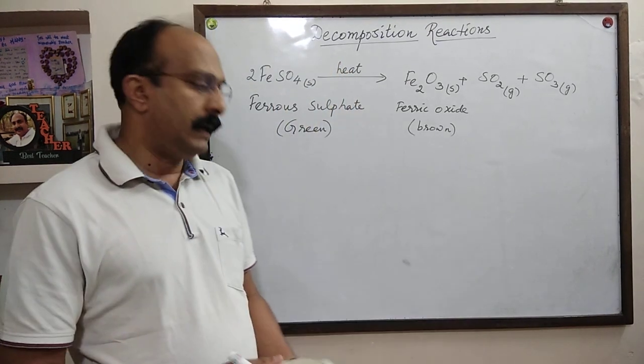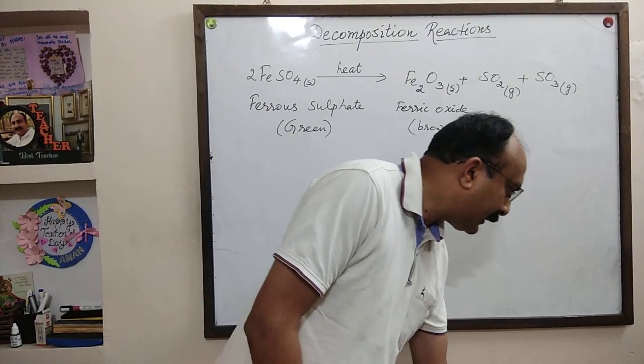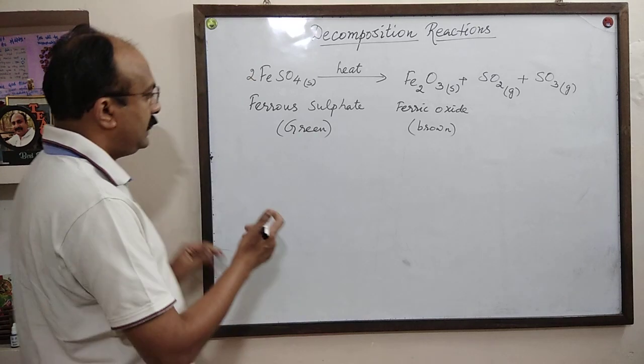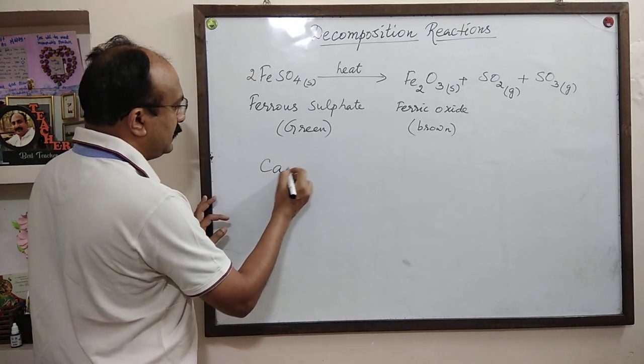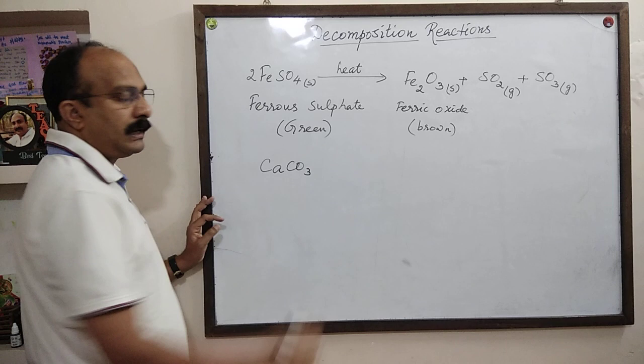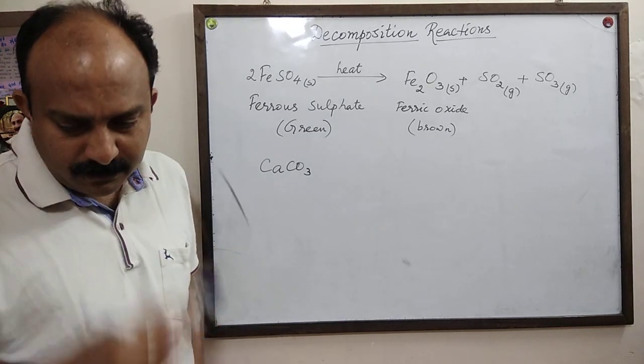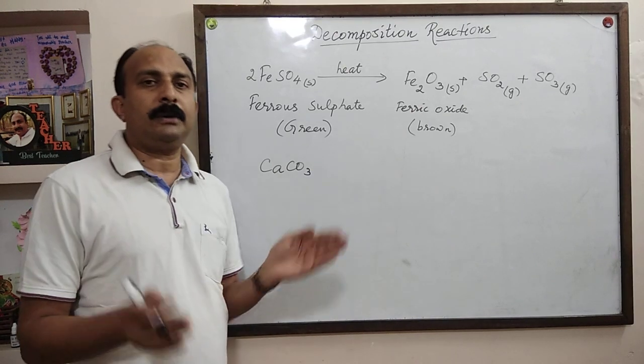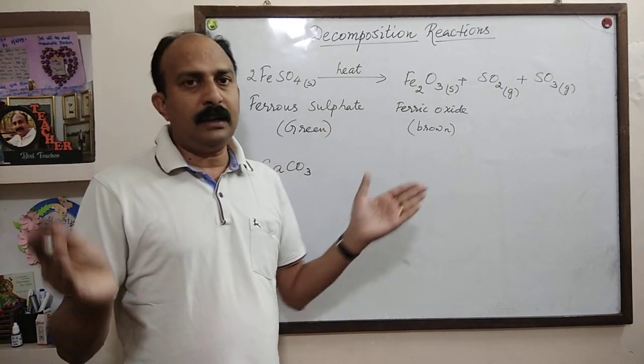Now you are given another example, and that is heating of limestone. Limestone is chemically CaCO3, calcium carbonate. What is the natural form of calcium carbonate? Calcium carbonate or limestone is naturally found.